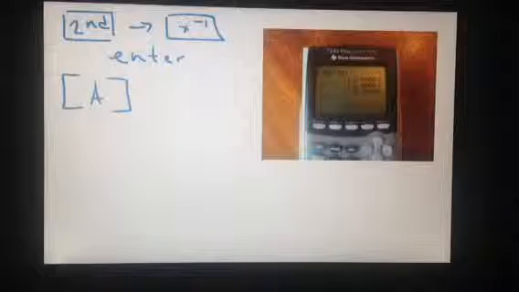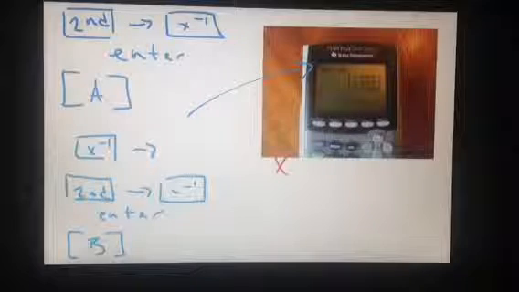To solve, again click second matrix and select the matrix, the larger one, the 3x3 in this example, the 3x3 matrix that has the constants of each variable plugged in. Once our first matrix is selected, we click inverse of x to find the inverse and then multiply it by the second matrix we set up, the 3x1.